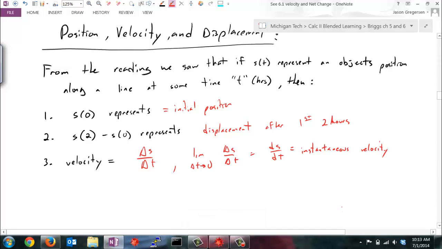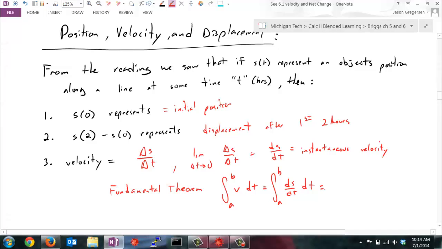But now as we're reviewing our integration stuff, and we have our idea what the fundamental theorem says, we can see that the fundamental theorem of calculus would say that the integral of velocity with respect to time over some time interval from t equals a to t equals b, well, if velocity is just the derivative of position, I really have this thing. And then by the fundamental theorem, what would this thing equal?